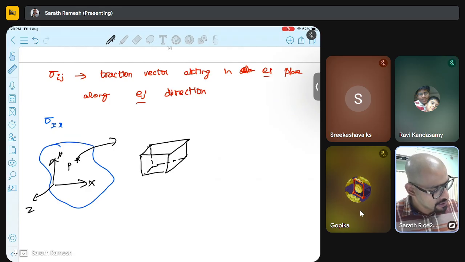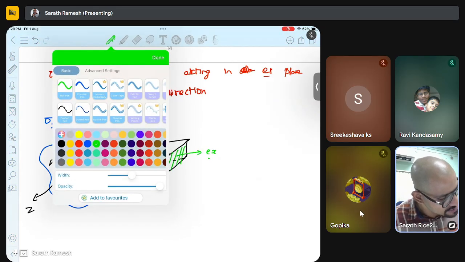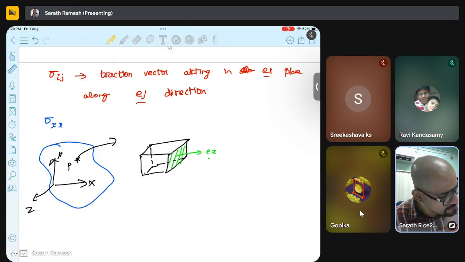It is the traction vector acting in the e_x plane. The e_x plane is a plane where the normal is along the x-axis. At this plane, in the x direction itself, there is some traction vector, t of e_x along e_x.